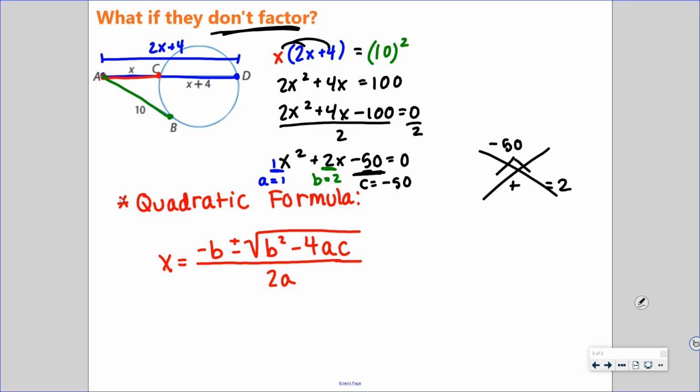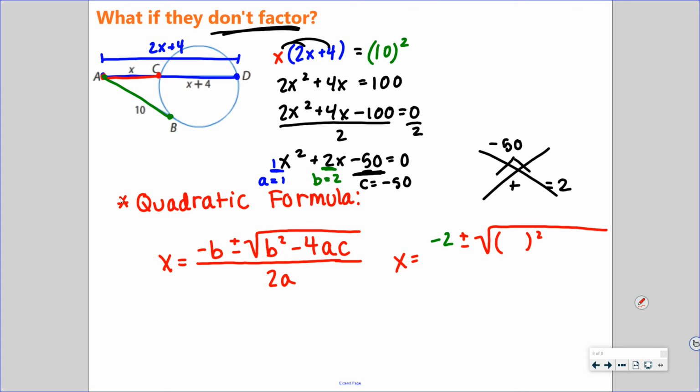All right, so if I were to do the quadratic formula here, I would do x equals the opposite of b, or negative b. B is 2. What's the opposite of 2? Negative 2 plus or minus the square root of b squared.